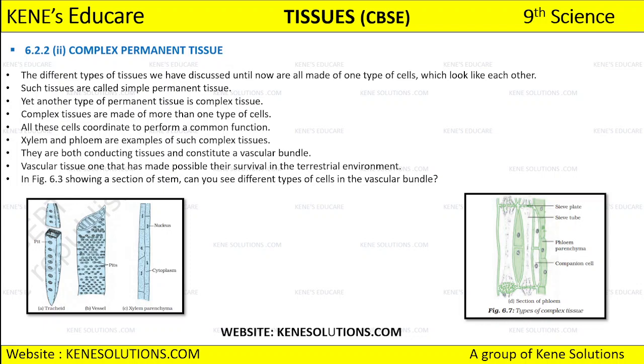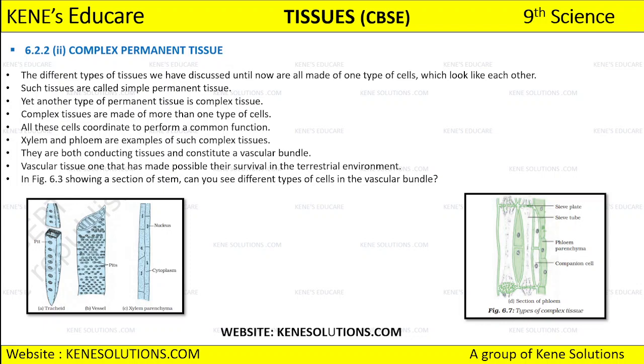All these cells coordinate to perform a common function. All the cells will coordinate with each other so that they can perform a common function. Xylem and phloem are examples of this complex tissue, because xylem has different components: it has tracheids, xylem vessel, xylem parenchyma, and xylem fiber.